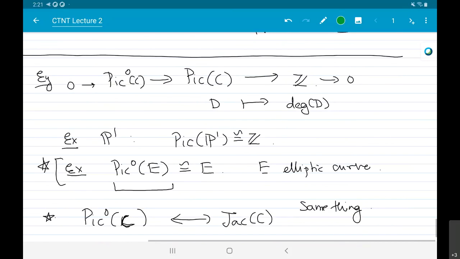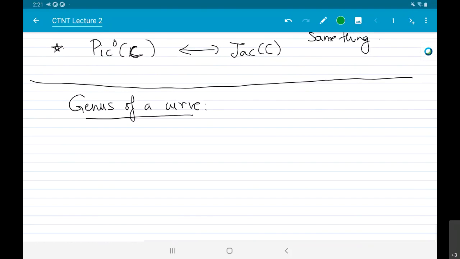Okay, awesome. Maybe I have time for a quick aside. If you have a curve over C, what is a curve over C?